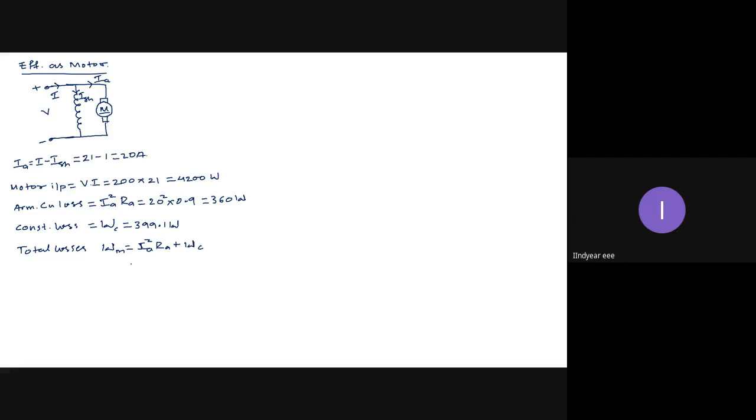So this is 360 plus 399.1, which is 759.1 watts.